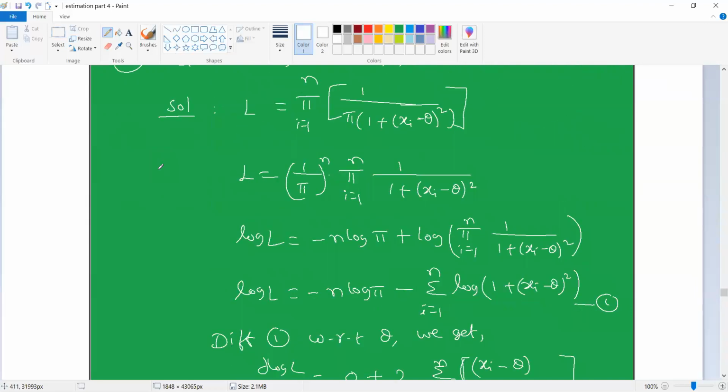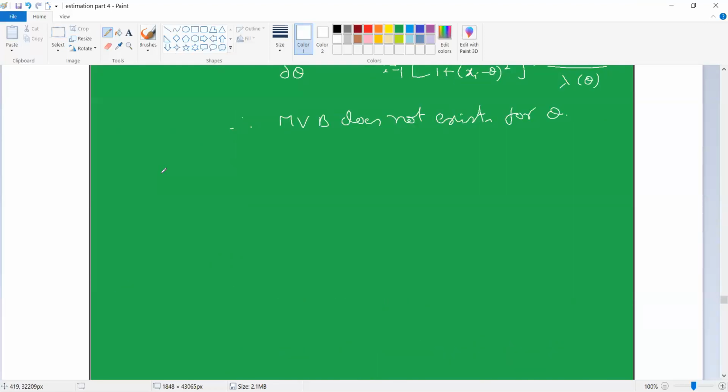One more example. Let xi follow the exponential distribution with parameter 1 by theta, i is equal to 1 to n. Find the MVB for theta.